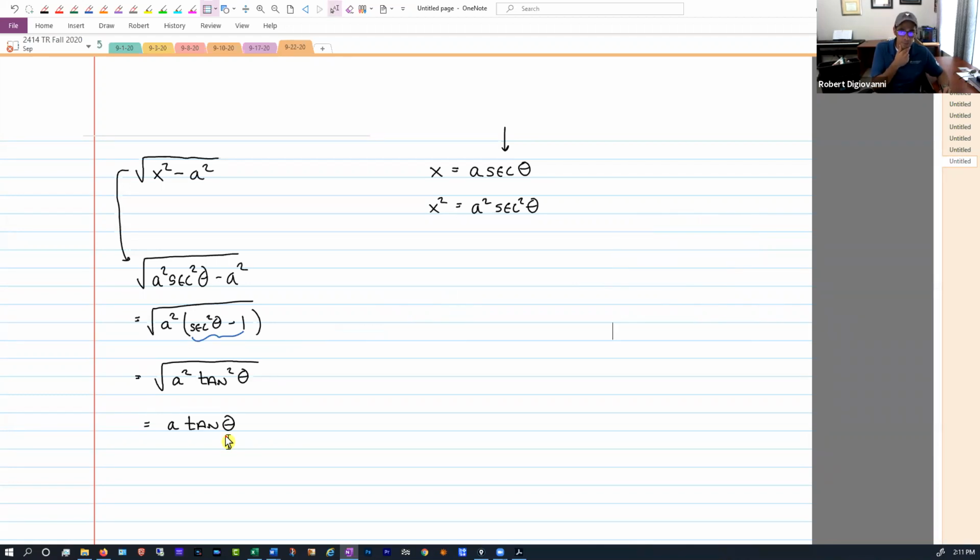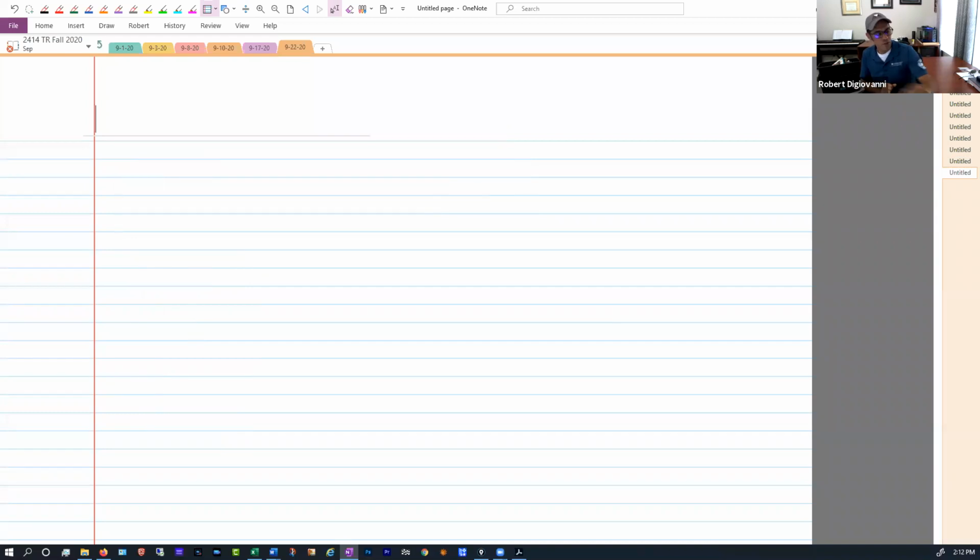Okay? Does this only work with radicals, or are there any other problem types that we could use this against? This only works with square roots of A squared minus x squared, or x squared minus A squared, or a third option here that I'm about to show you, which is the one we haven't considered.